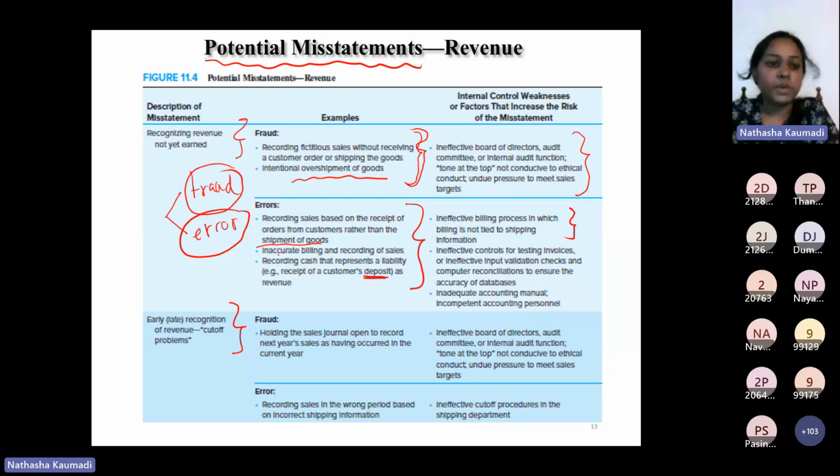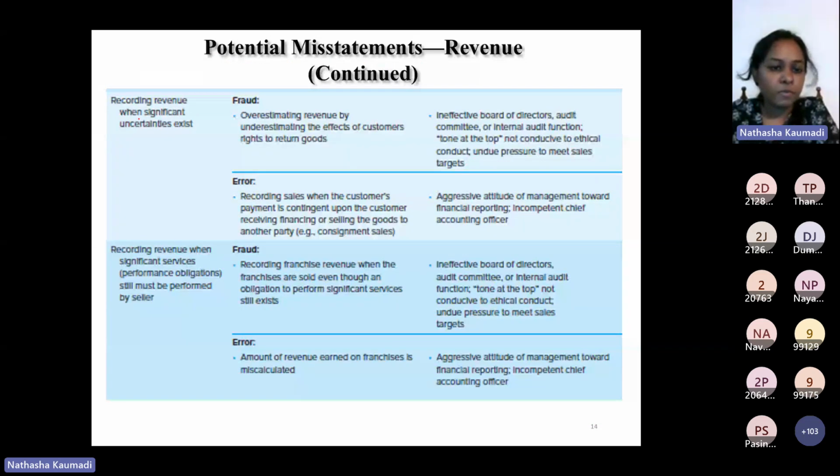And you can have recording revenue when significant uncertainties exist. Now, since this is a bit fishy, let's read the fraud as well. Overestimating revenue by underestimating the effect of customers' rights to return goods. You don't consider the possibilities of goods returns.